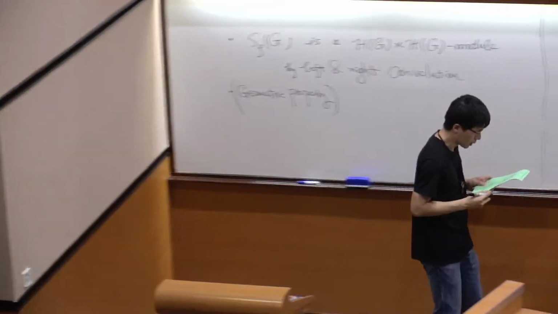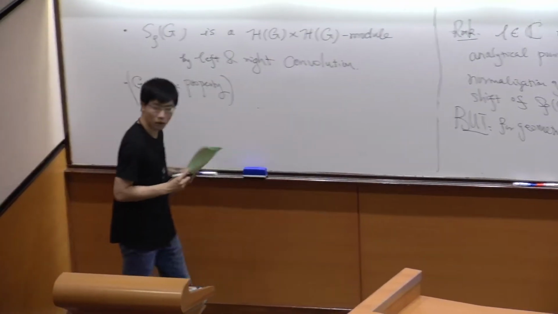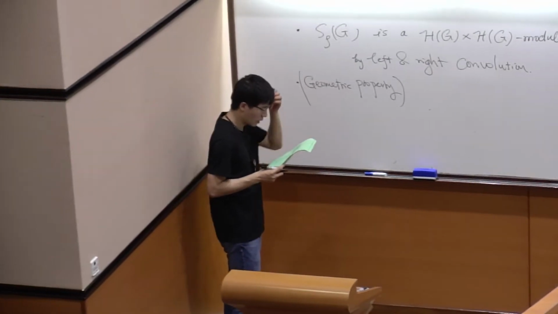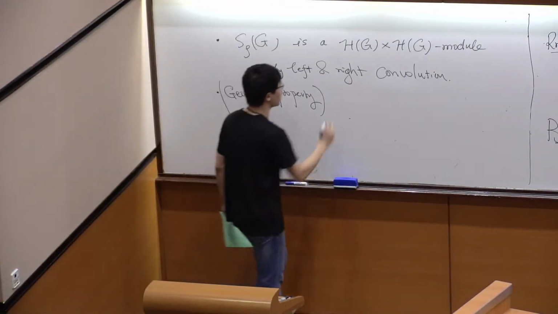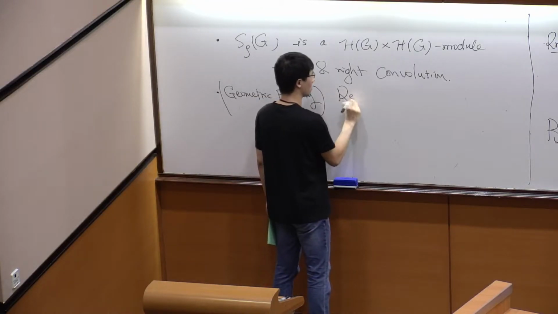In order to talk about the geometric property, we need to recall the concept of reductive monoid, as we have already mentioned in Lei's talk. It's closely related to the Vinberg theory of reductive monoids.